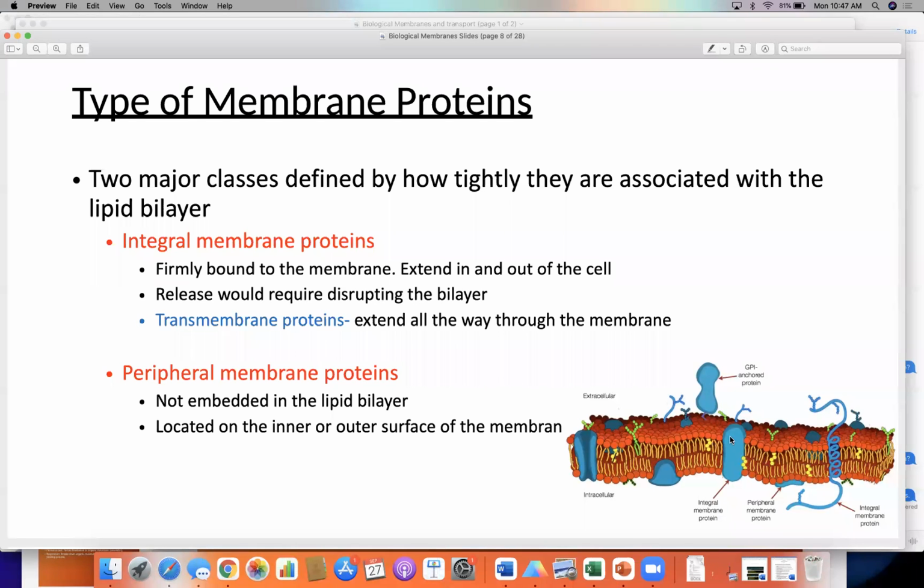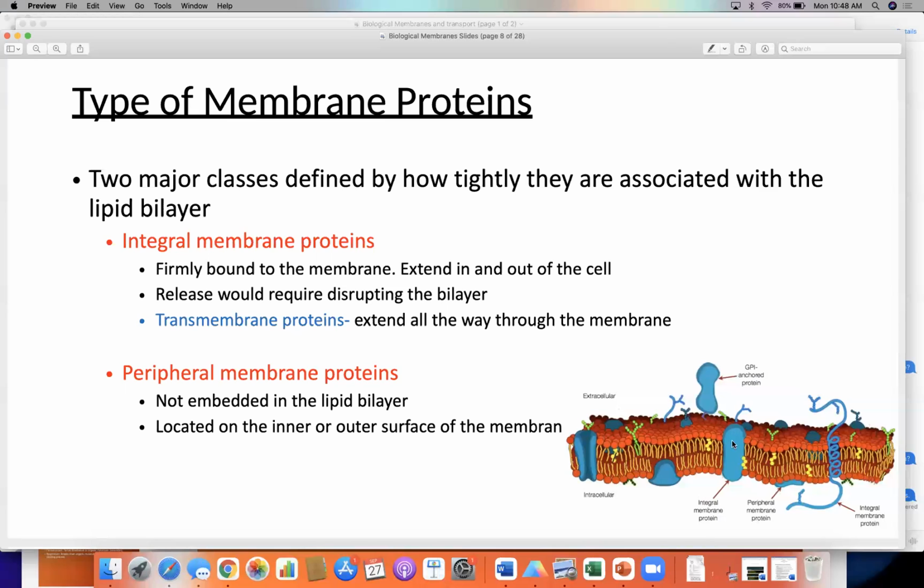We would disrupt that bilayer. Structurally, integral proteins are firmly bound to this membrane. They extend both inward and out of the cell. So from the intracellular side and extracellular side, we're going to see evidence of this integral membrane protein.